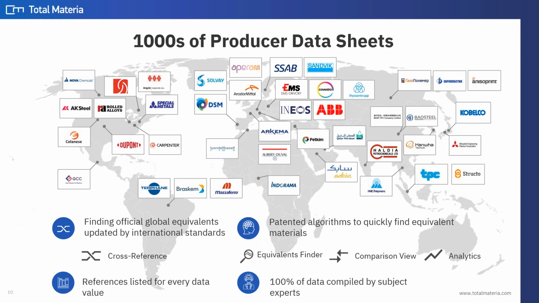You can find specific producers' data sheets and compare them with each other, finding official global equivalents updated by international standards, cross-references, and patent algorithms to quickly find the equivalent materials. 100% of data compliance checked by experts.